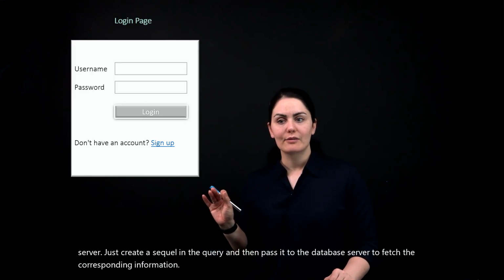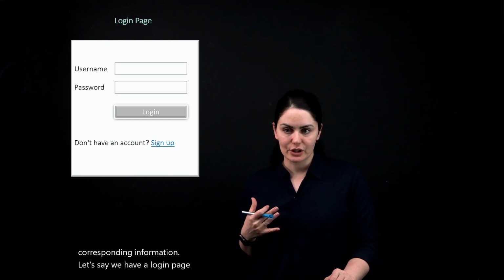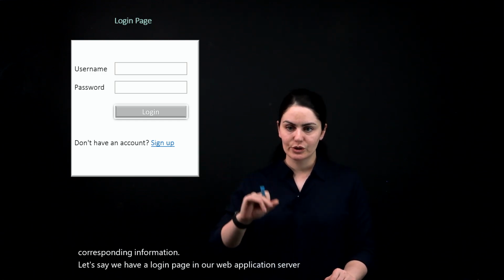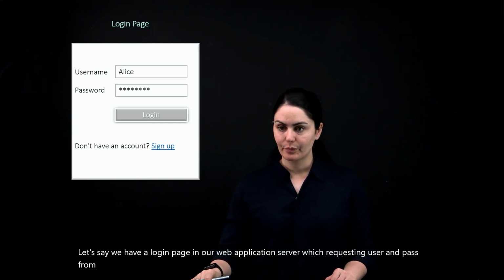Let's say we have a login page in our web application that requests a username and password from the user.